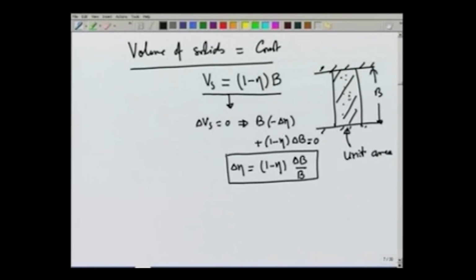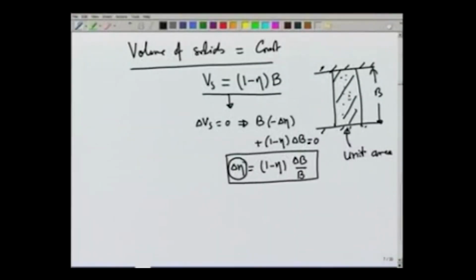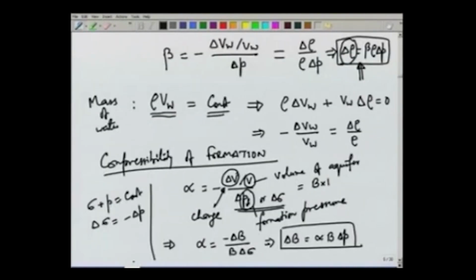So, now we have all three parts of the equation formulated: delta eta from here, which is a function of delta B, delta B we have from here, and delta rho we have from this equation.